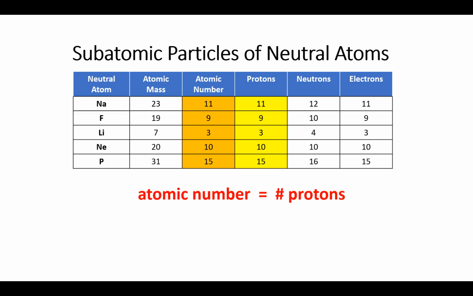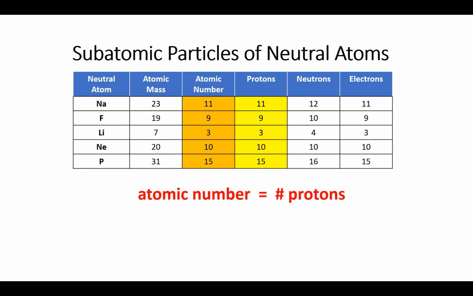In other words, the number one organizing factor on the periodic table is the number of protons. Why is this so important to you? Because you need to know that the one thing that you can always rely on for identifying an atom is looking at the number of protons that it has.